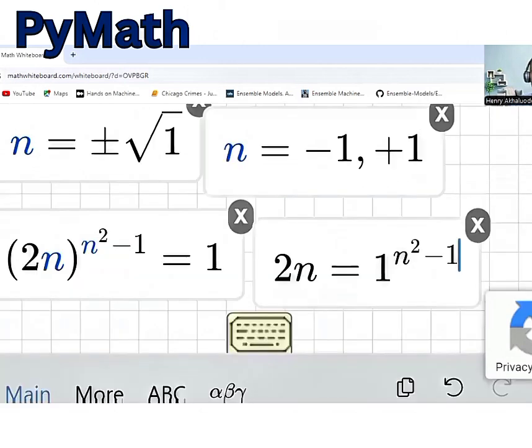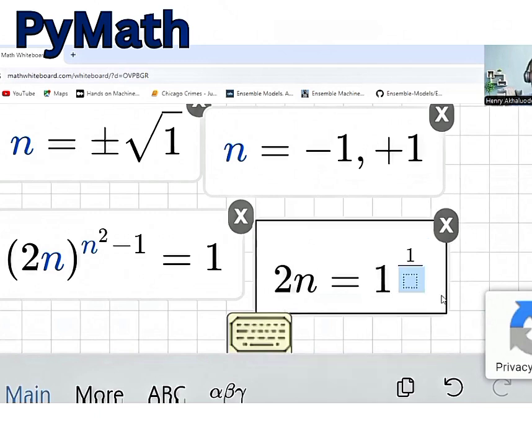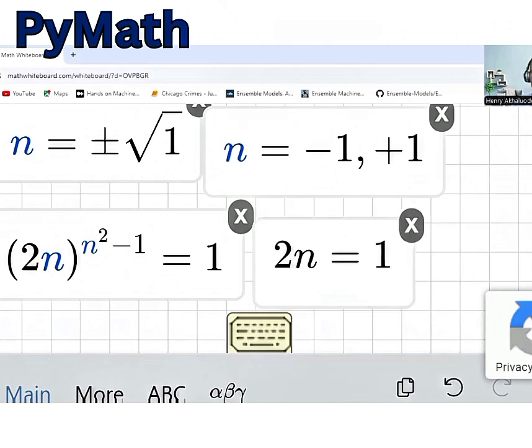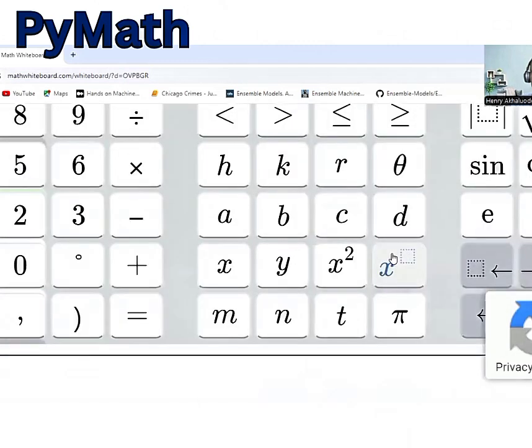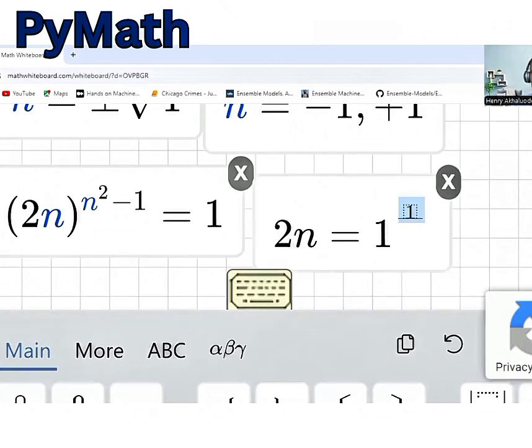So this will give us 1 over, because we multiply by the index. Let's put it in the way that we want it to be. So we raise it to that power.